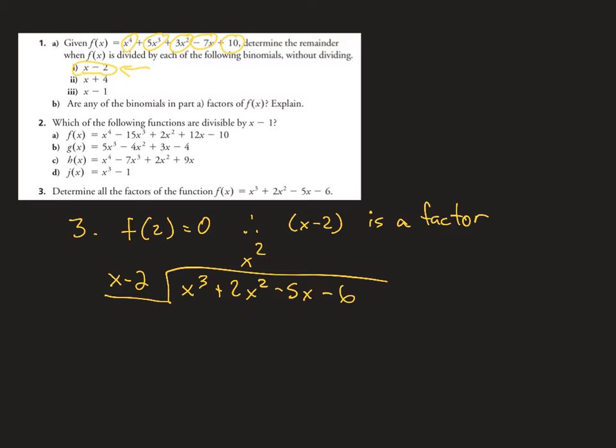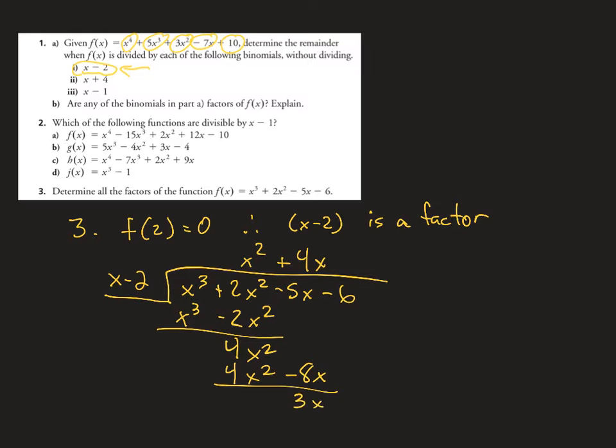So you got x squared. Let's get 4x squared, so you got plus 4x. Then negative, so you got 3x, so you get plus 3. I guarantee there's going to be a remainder of 0 because we already figured that out. So this is going to be minus 3x minus 6 and negative 6. So there you go, 0 remainder.